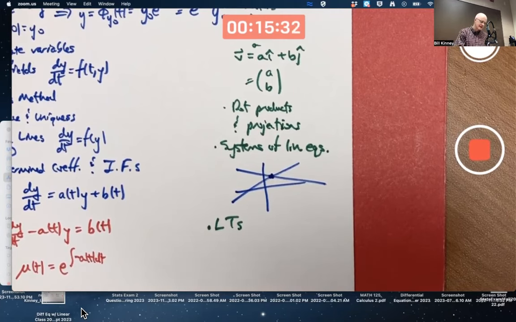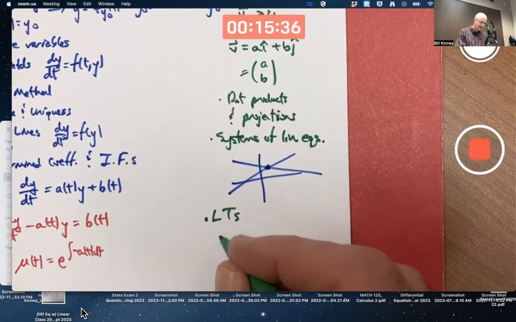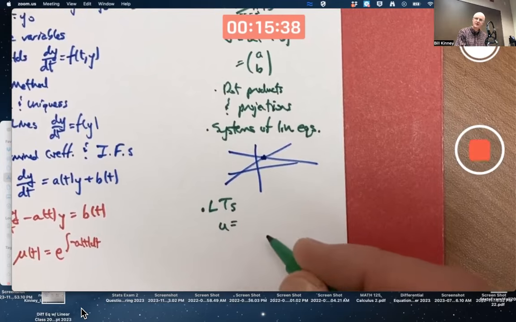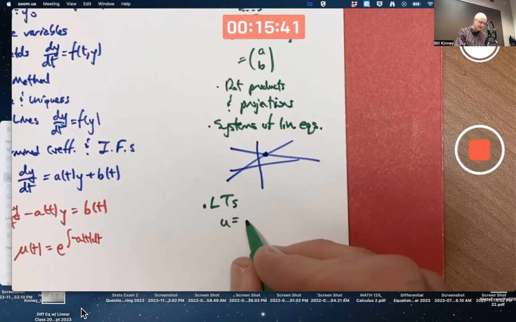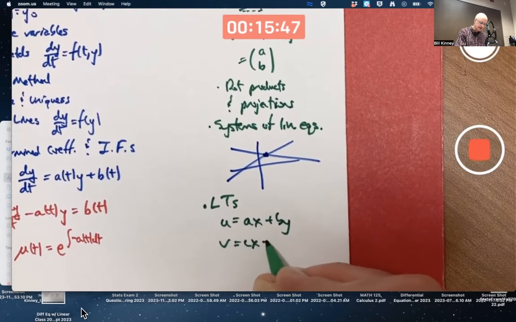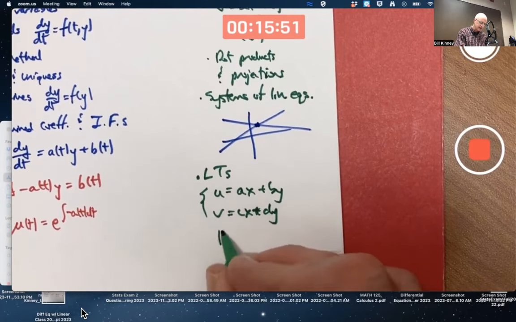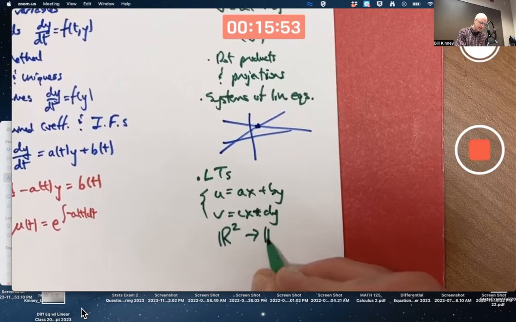But in general, linear transformations are defined by, well, in the two-dimensional case, at least, systems of equations. Say u equals ax plus by and v equals cx plus dy. That's the two-dimensional case of a transformation from R2 to itself.